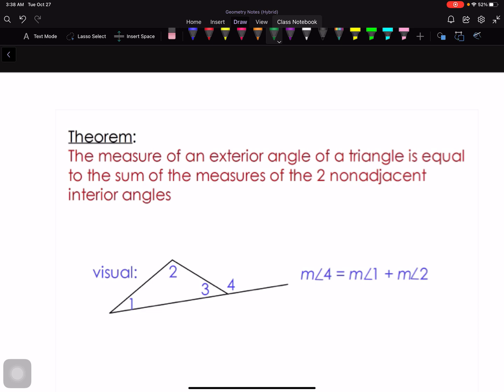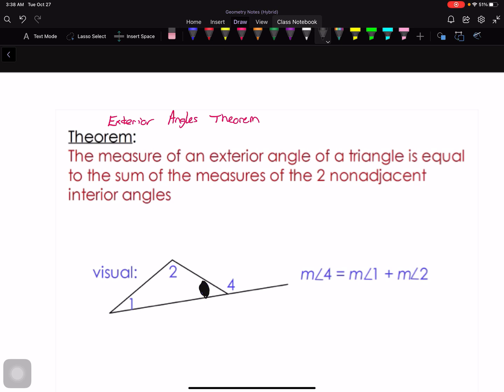We have what's called the exterior angles theorem. The exterior angles theorem says that the measure of an exterior angle of a triangle is equal to the sum of the measures of the two non-adjacent interior angles. So if you take a look here at this visual, we really don't even need angle 3 here.